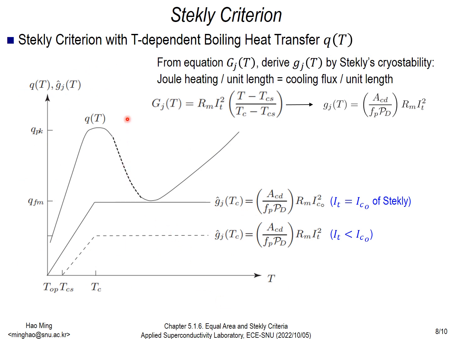Let's look at Stekly's criterion with temperature-dependent boiling heat transfer. First, from the total Joule dissipation equation, we can derive the Joule dissipation density and its derivatives through the steady-state low-temperature stability. Here, if we assume that IT is equal to the critical current at the operating temperature, we will have a solid line in the graph below.